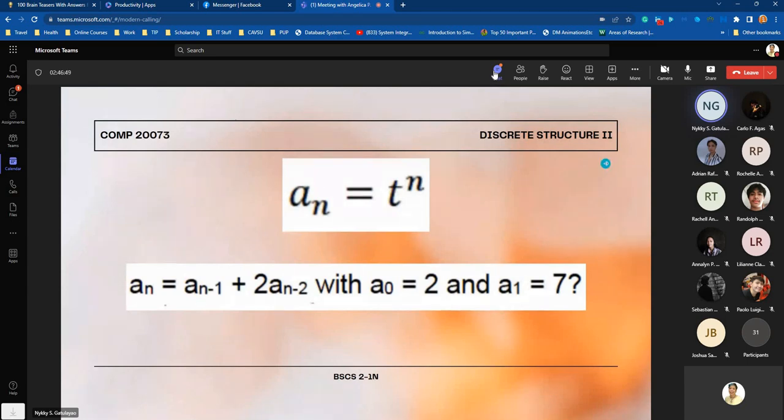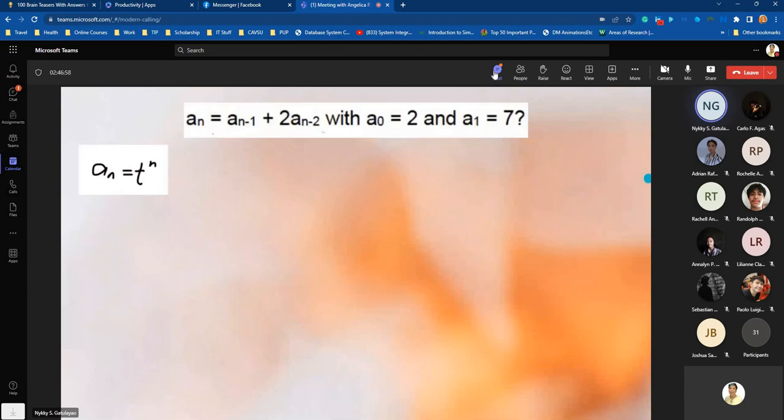If a_n = r^n, that means we have r^n = r^{n-1} + 2r^{n-2}.